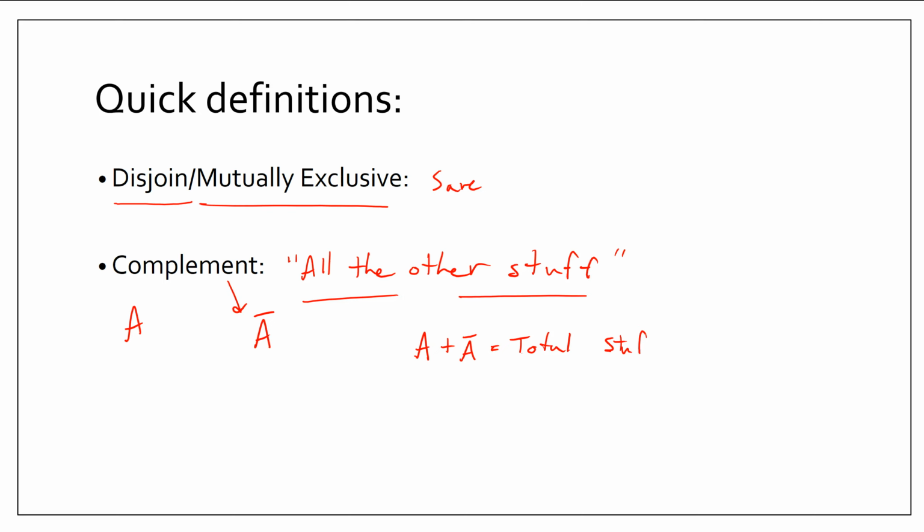Or if you're adding up their probabilities, probability of A plus probability of the complement, doesn't it make sense that they should add up to 100%? Or like 1, if you're not thinking about it in terms of a percent. So that's the complement. All the other stuff, they will always add up to 100% of the people.